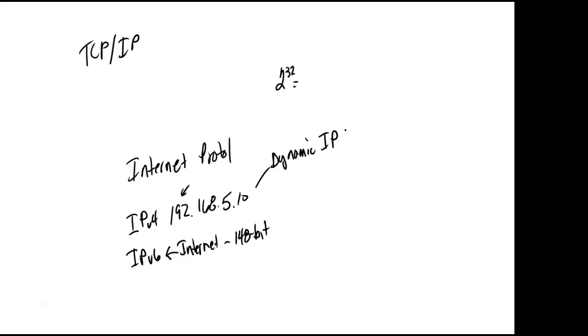So dynamic IPs, what happens if you have your computer set up for dynamic IPs? When your computer comes online, your network card asks for a DHCP server, which is Dynamic Host Configuration Protocol. You broadcast out a packet saying, hey, I need an IP address, and then the DHCP server assigns you one.